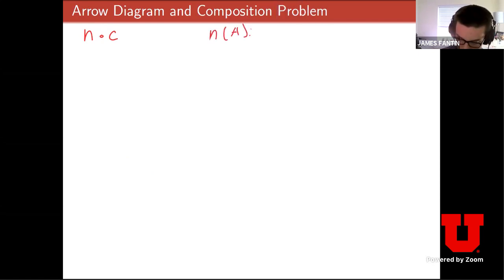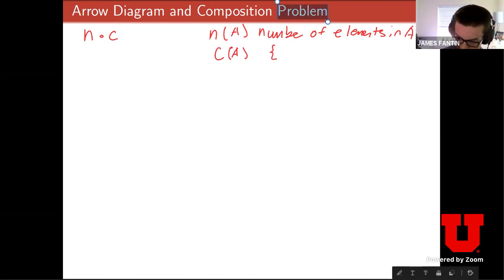So N of A is the number of elements in A. And then C of A is returning the set {X, Y, Z} and subtracting out all the elements in A.